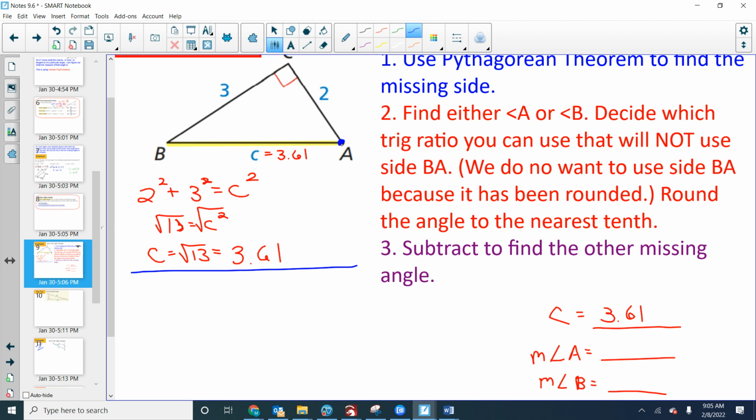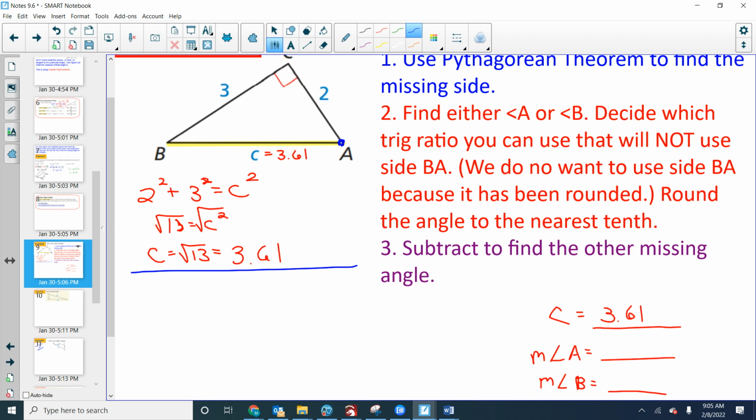Decision time. I don't want to use this side. I'm not going to use the hypotenuse, because that's one we had to find. So guess which 2 are out right now? Sine and cosine both use the hypotenuse. They're out. It's got to be tangent. Right? Because aren't the 3 and the 2 the opposite and the adjacent sides to the angle I'm trying to find?